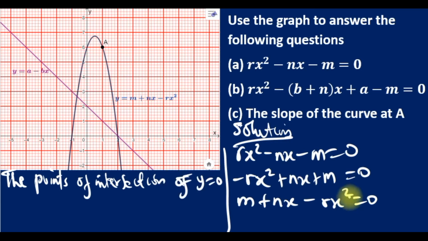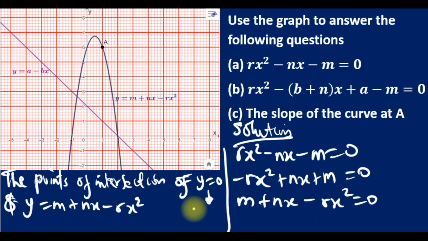As you can see, y is this, so we can replace this, and the curve is y equals m plus nx minus rx squared. And where is the point of intersection? This is the x-axis. Another name for the x-axis is y equal to 0. So wherever the curve intersects the x-axis, that's the answer we are looking for.